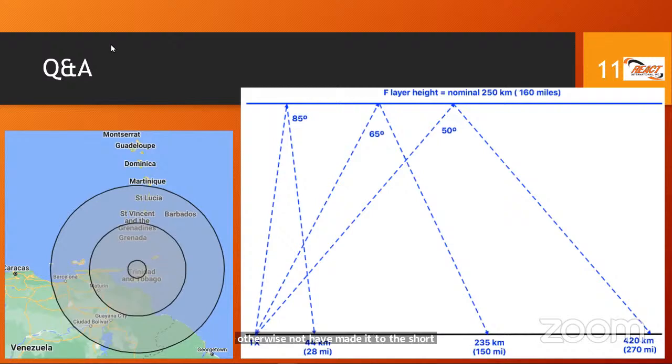It would have gone via the ionosphere into thousands of kilometers away, but NVIS allows us to drop the signal closer using this technique. Hopefully this diagram illustrates the distance, and this map gives us an idea of what we could achieve using NVIS. Excellent question there, Roger.